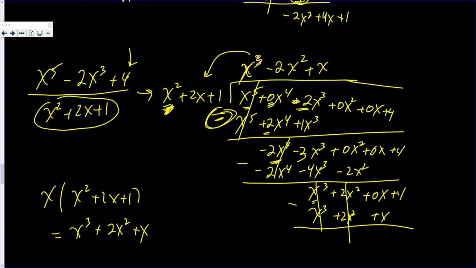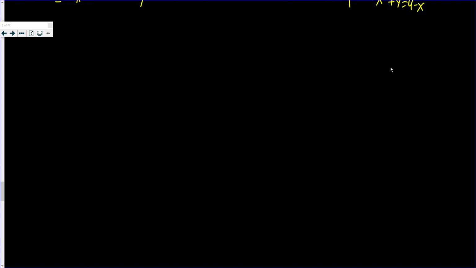That cancels for free. 0x minus 1x is negative x plus 4, which is the same as 4 minus x. So that's the remainder. Plus, it's better to write a positive thing first, all over what's in front. And there's your answer. Now, I'll show you an easier method, but it does have some constraints to it.